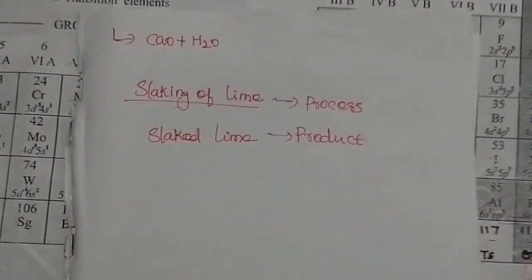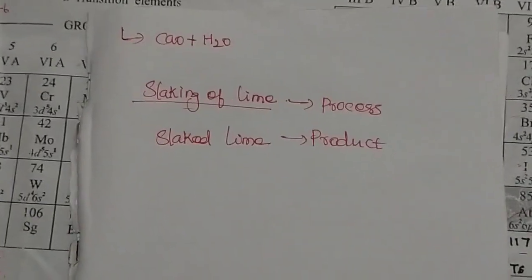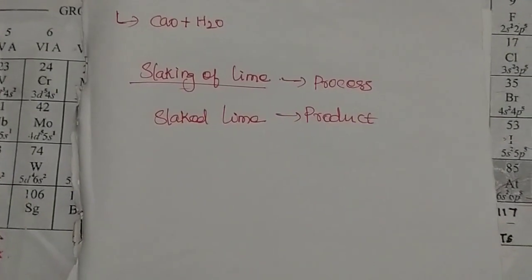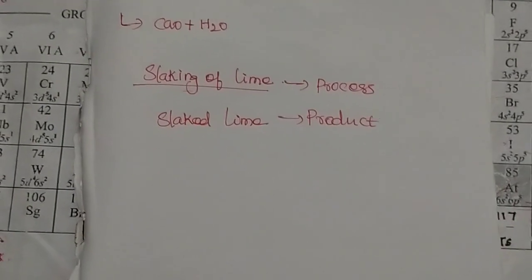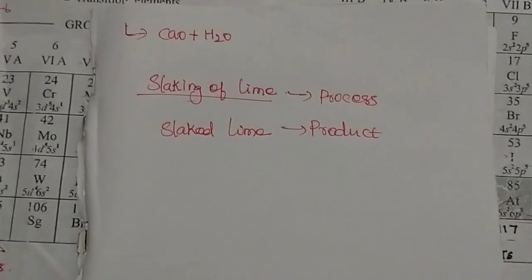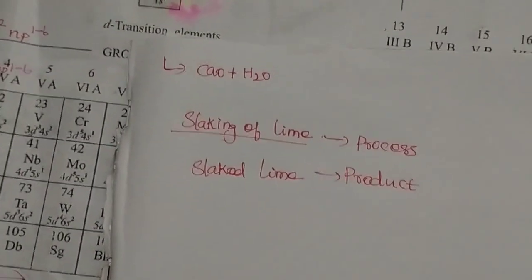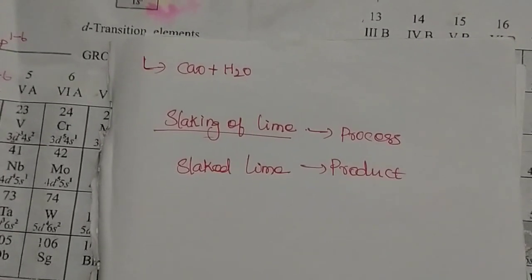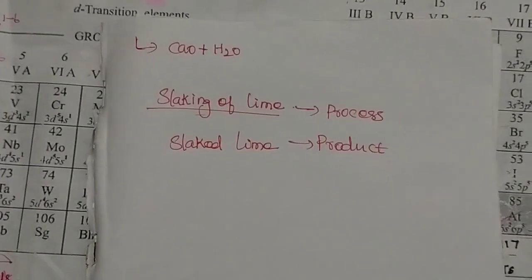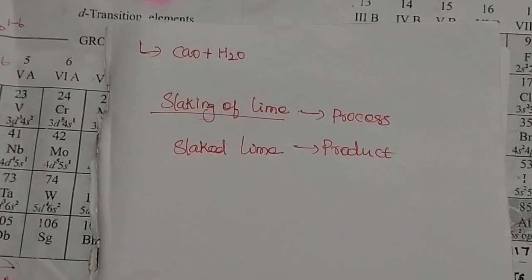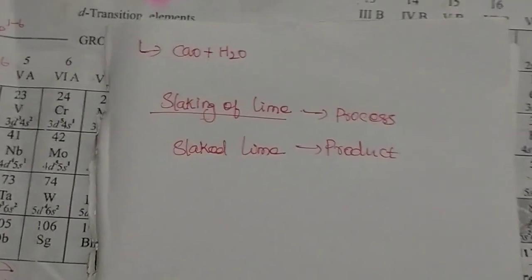So when you treat quicklime with a specific amount of water, it breaks the lumps of lime, and this is generally known as slaking of lime. Because of this slaking of lime, we get a product, that is slaked lime.